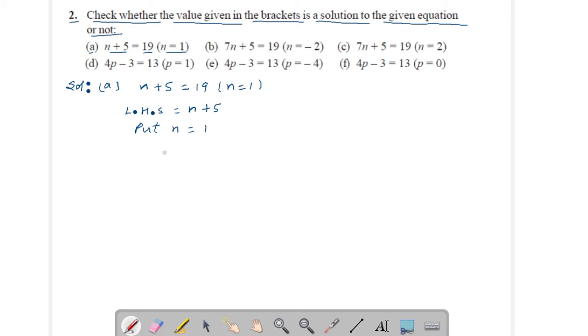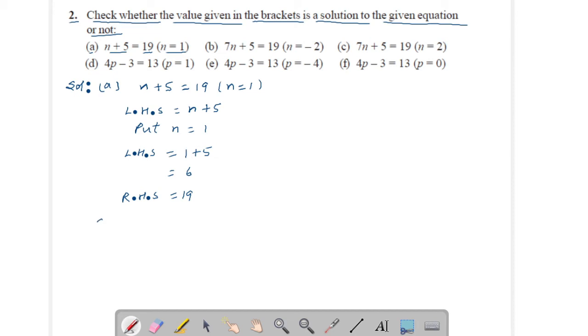You will get left hand side equal to 1 plus 5, that is 6. And what is right hand side? Right hand side equal to 19. Here left hand side it is 6, right hand side it is 19.